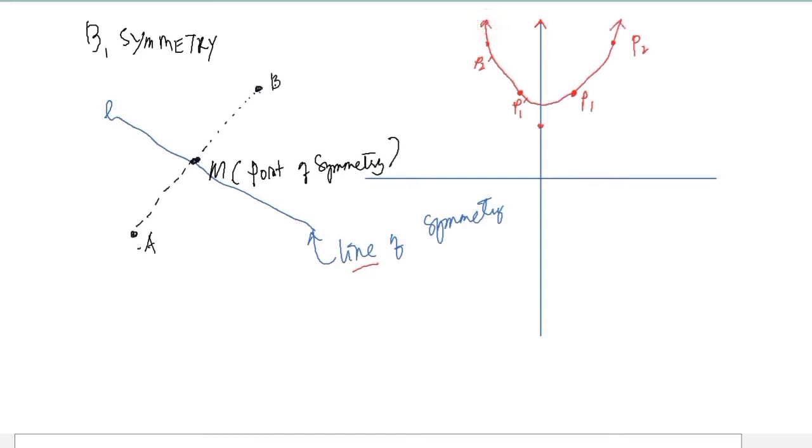And of course, kapag yung curve natin, unahin natin yung curve. So, when we say this P1 here is symmetrical with respect to x-axis, ibig sabihin ito si P1 prime. And ito naman si P2, so this is the P2 prime, no? Symmetrical siya with respect to the x-axis.